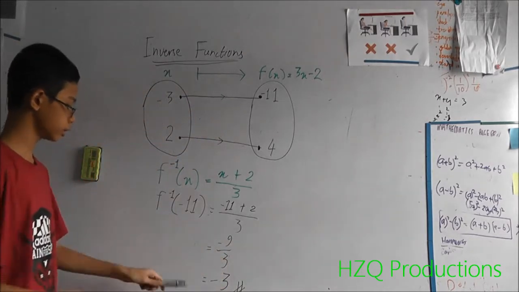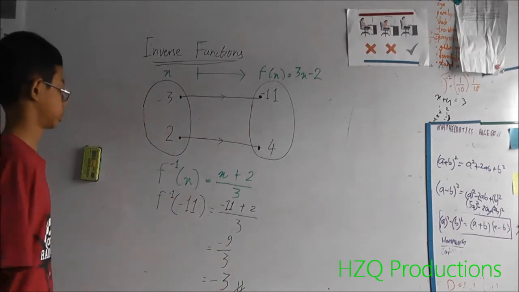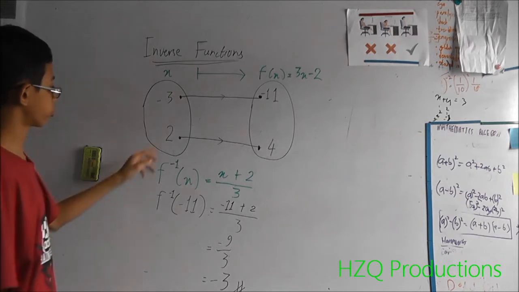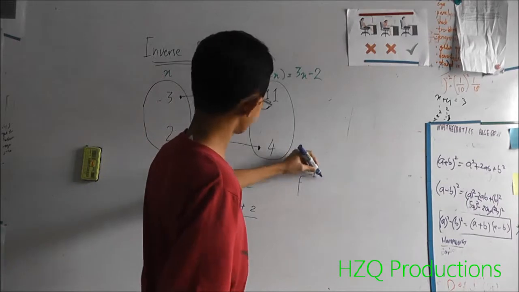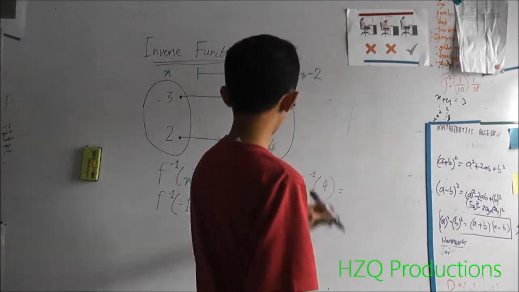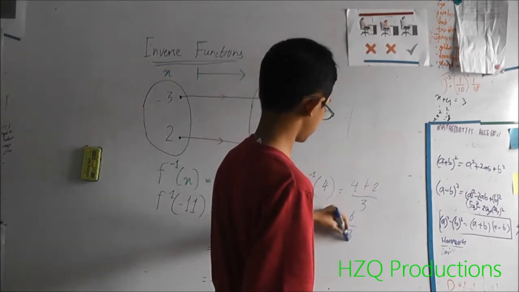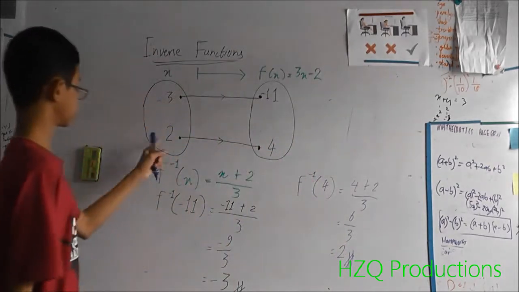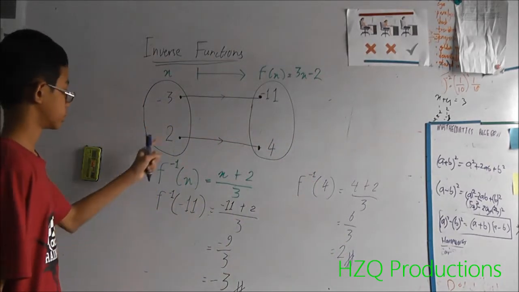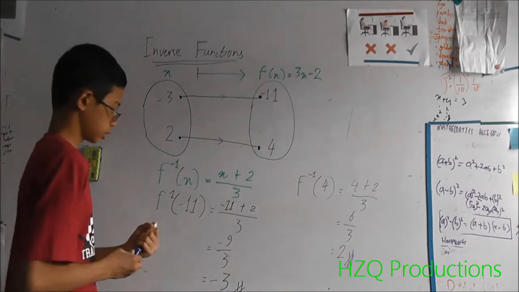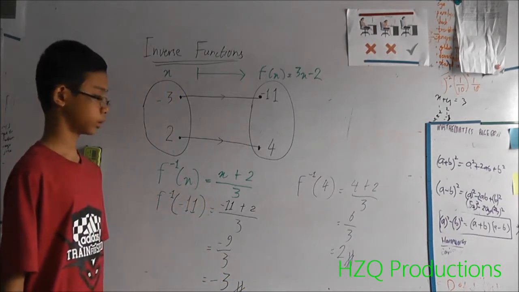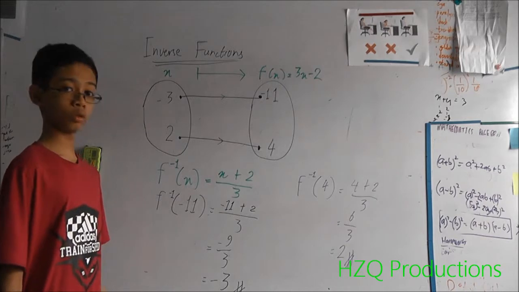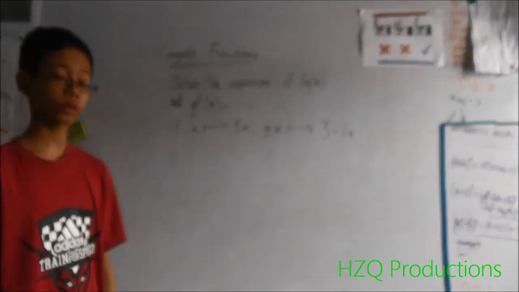As you can see, it did work. Now if you want to check, yes. If you're careless or if there's something wrong with the numbers, then we have to correct again. Alright, let's keep on going.